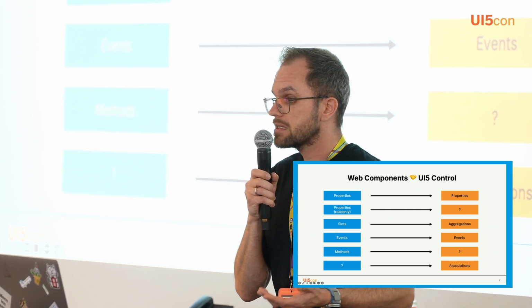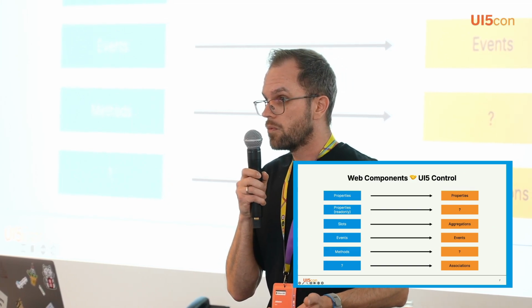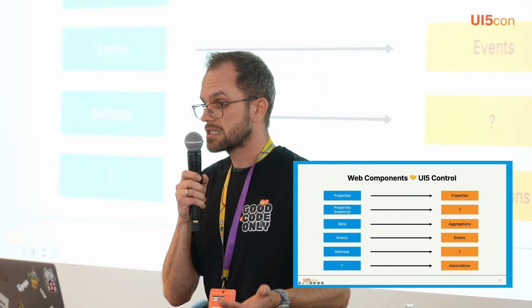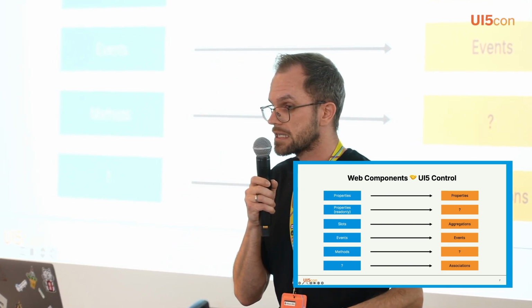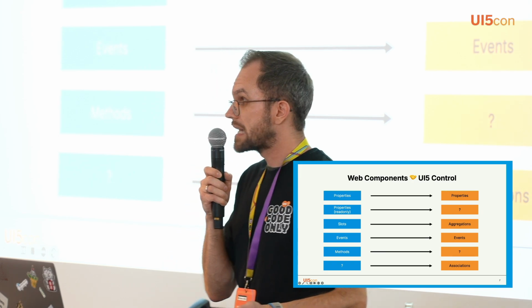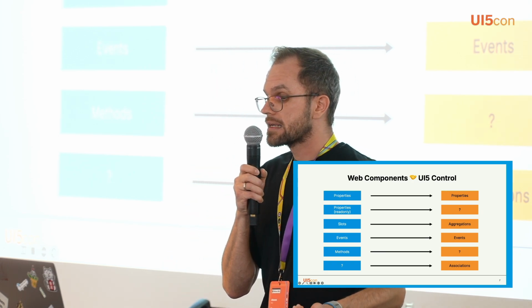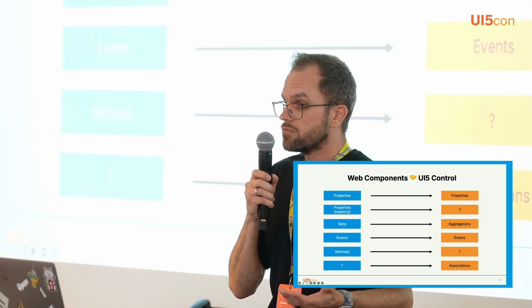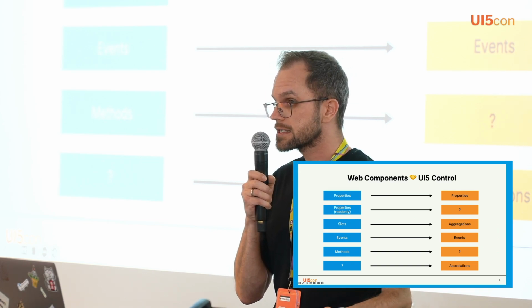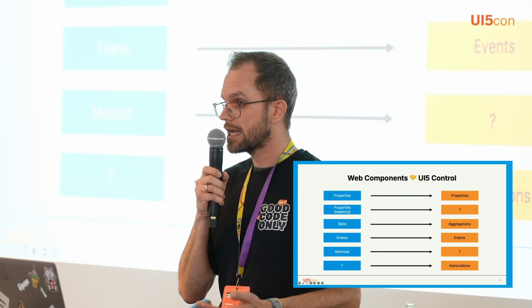You have other properties. In UI5, within the metadata, you also declare your properties, like a text property or a busy property or something else. You have events, also the same from the naming in the end. And there are only a few differences, but in the end it's a common concept. Slots, for example, you know from UI5 as aggregations.